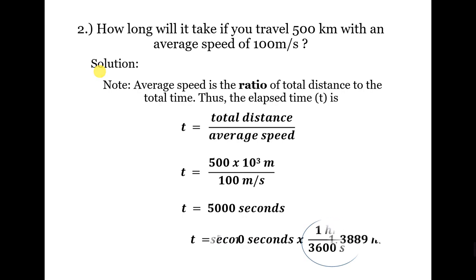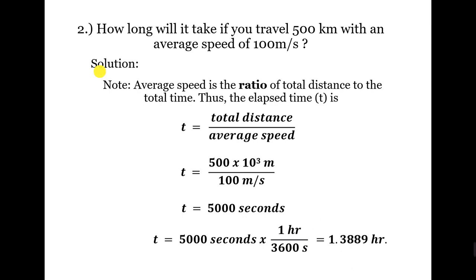And this gives the result of 1.3889 hours. Therefore, for this problem, 5,000 seconds is also the same as 1.3889 hours. Either can be used as the final answer for this problem.